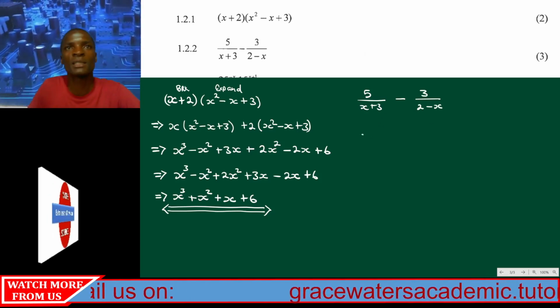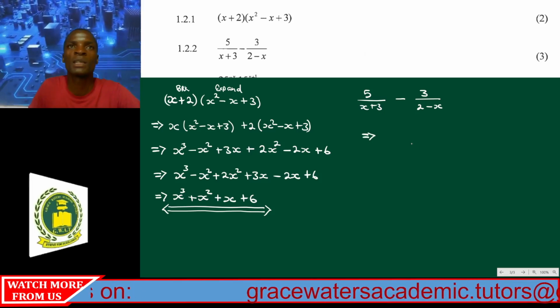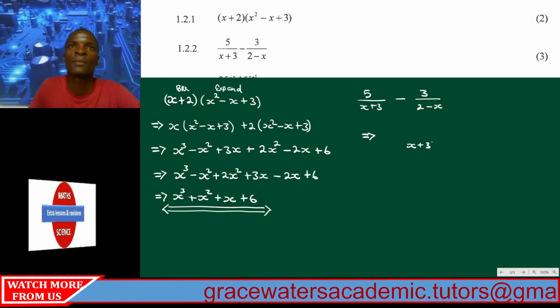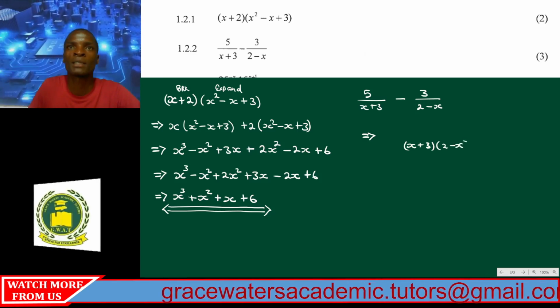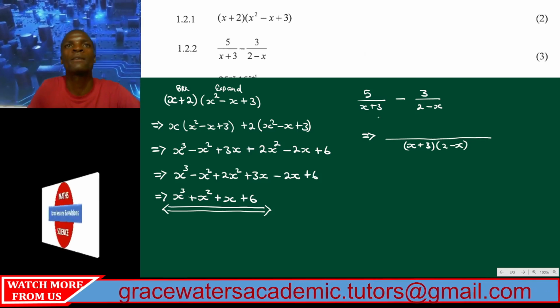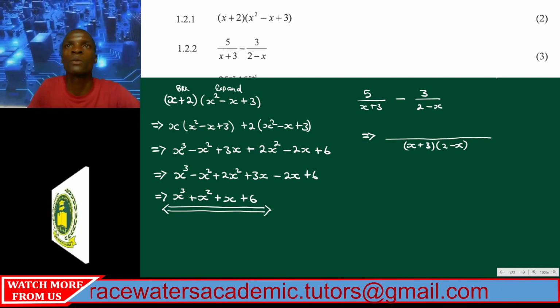So the first stage, guys, is to find what you call the lowest common denominator. In this regard, it's x plus 3 into 2 minus x, and then after that we have to do this very simple thing. Let me just do that with you now.